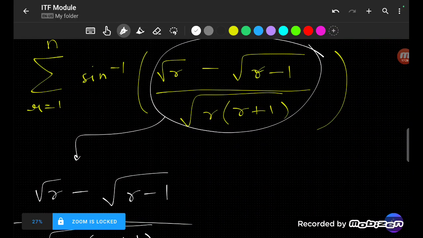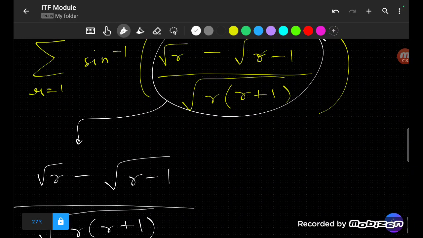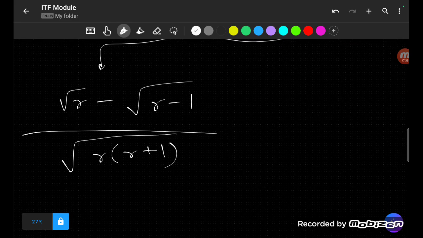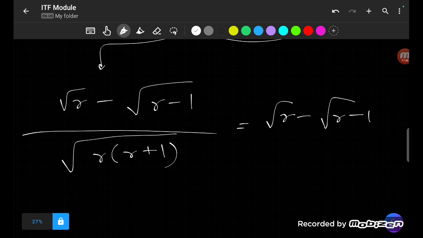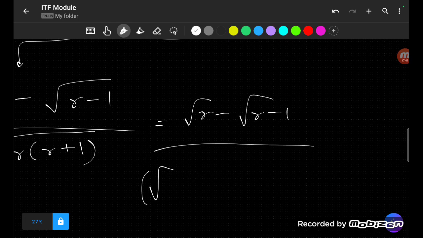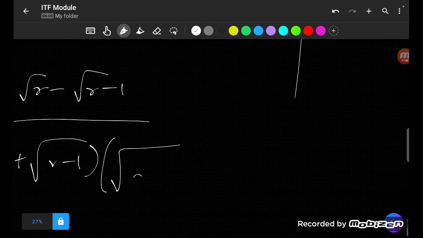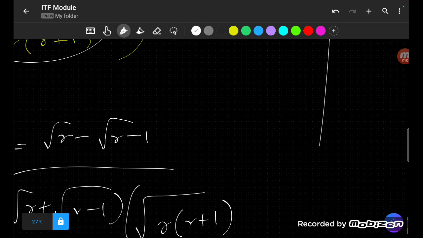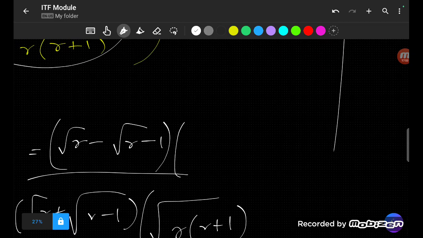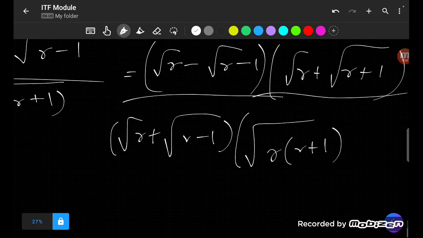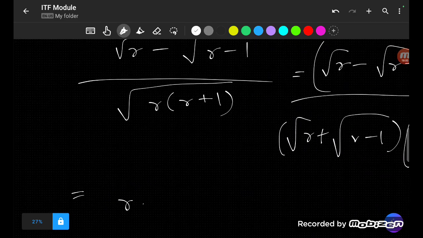So root r minus root r plus 1, maybe just try and rationalize it.